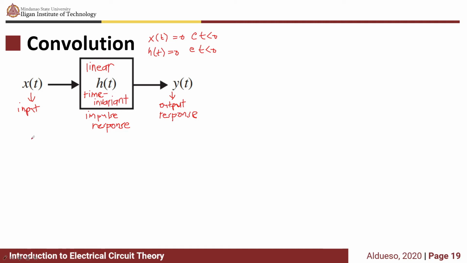The input function x of t causes the output function y of t. If this is linear, suppose x is multiplied by a constant k, this also causes the output response to be multiplied by the constant k.